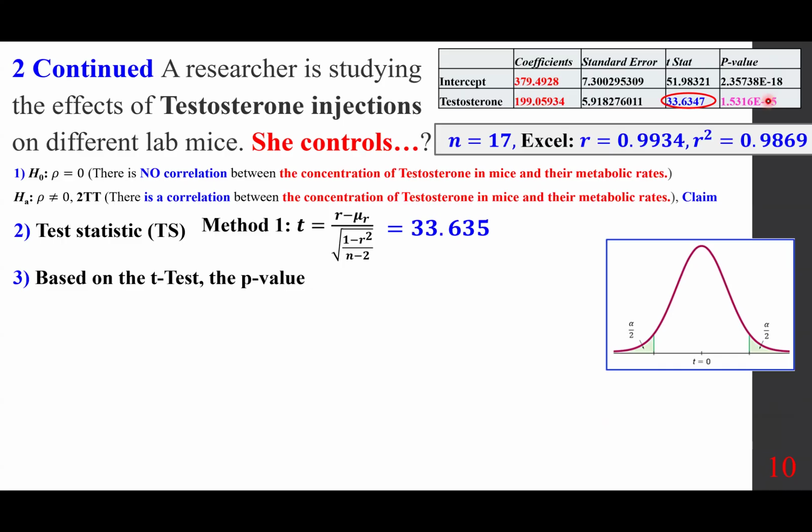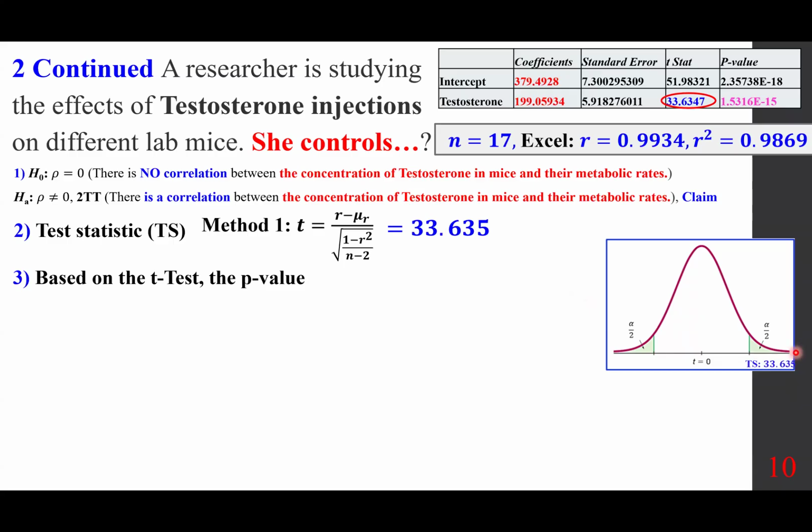Remember, alpha is 0.05, so this is 0.05 divided by 2. And the p-value is this number. And e minus 15 means 10 to the power of negative 15. So you write this number times 10 to the power of negative 15. That is because the test statistic is way into the rejection region.